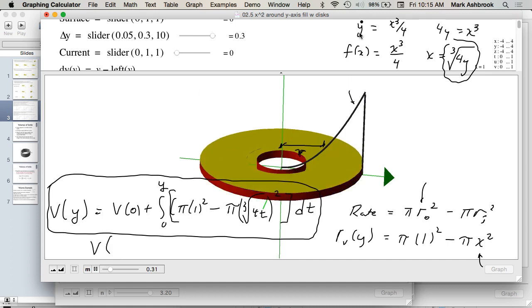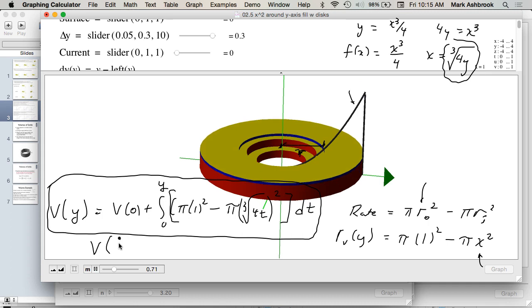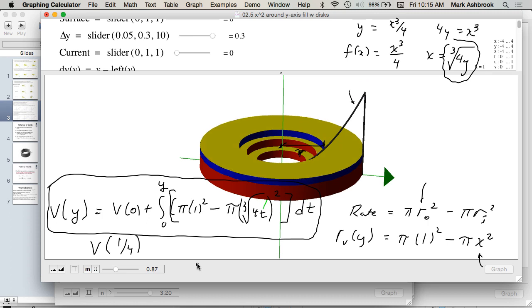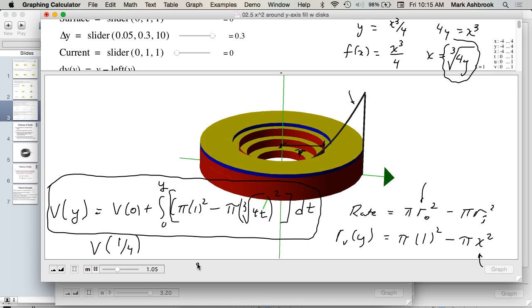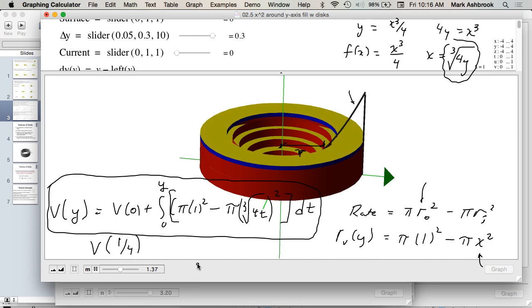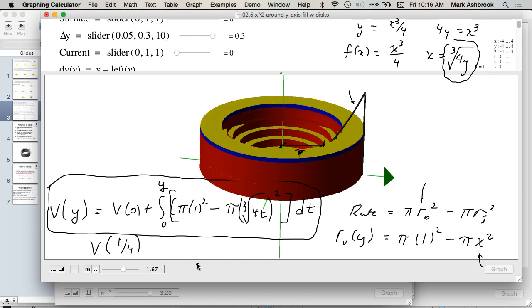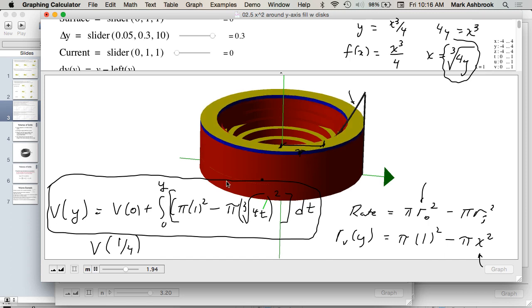If x is 1, y is 1/4. It'd be V of 1/4, the volume of the fully filled shell. V of 1/4. Or the integral from 0 to 1/4 of all that stuff, right? Questions on this example?